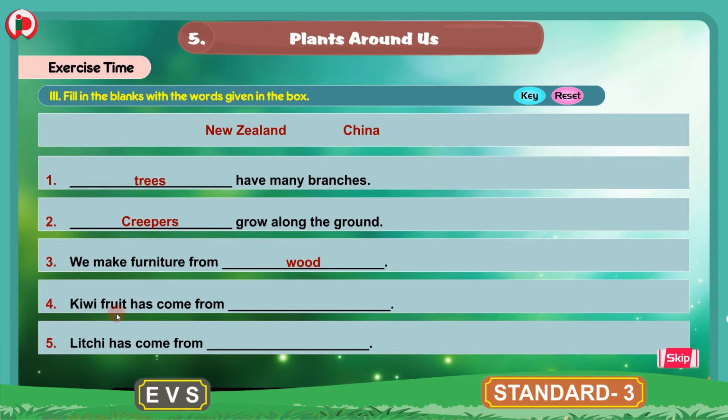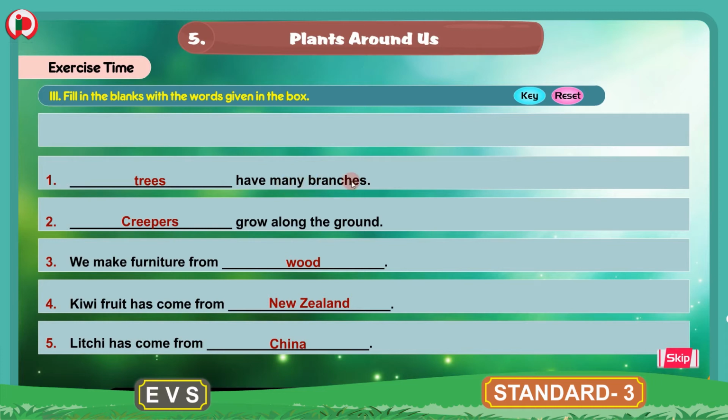4. Kiwi fruit has come from dash. And the answer for this sentence is New Zealand. Kiwi fruit has come from New Zealand. 5. Lychee has come from dash. The answer for this is China. Lychee has come from China. So these are the fill in the blanks.